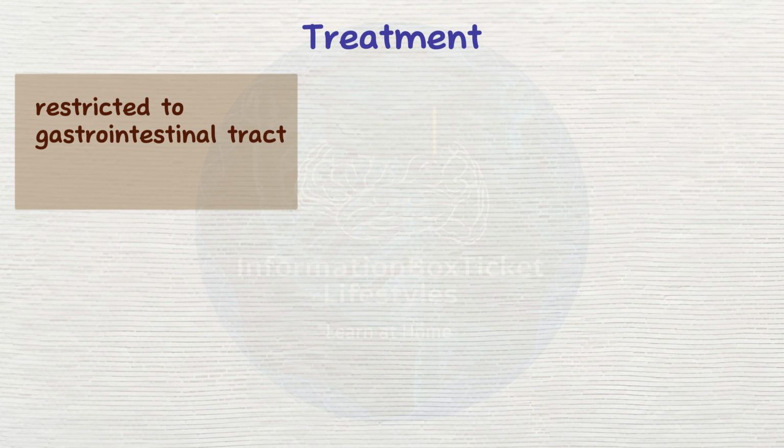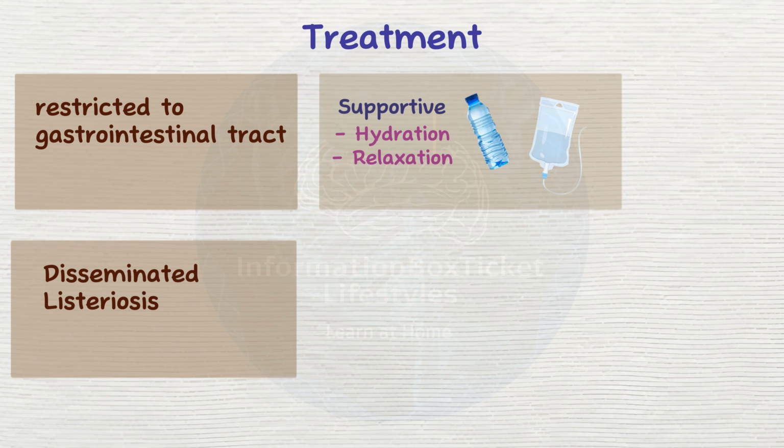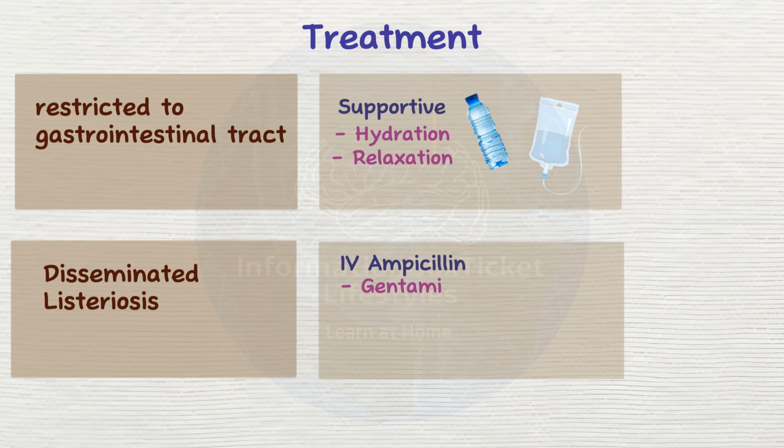When listeriosis is restricted to the gastrointestinal system, therapy often consists of supportive measures such as fluids and rest. However, disseminated listeriosis is treated with intravenous ampicillin and gentamicin. Meropenem is an effective alternative to these antibiotics for those who are allergic to ampicillin or who are pregnant.